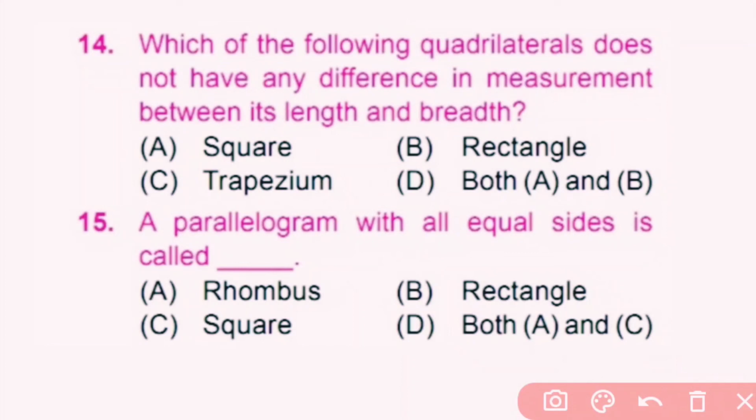A square is a quadrilateral and all sides of a square are equal. So there is no difference in measurement between length and breadth. So A is the correct answer. Question number 15. A parallelogram with all equal sides is called dash. A rhombus is a parallelogram and all its sides are equal. And in a square there are 4 sides and all sides are equal. So A and C are correct. So here D is the correct answer, both A and C.